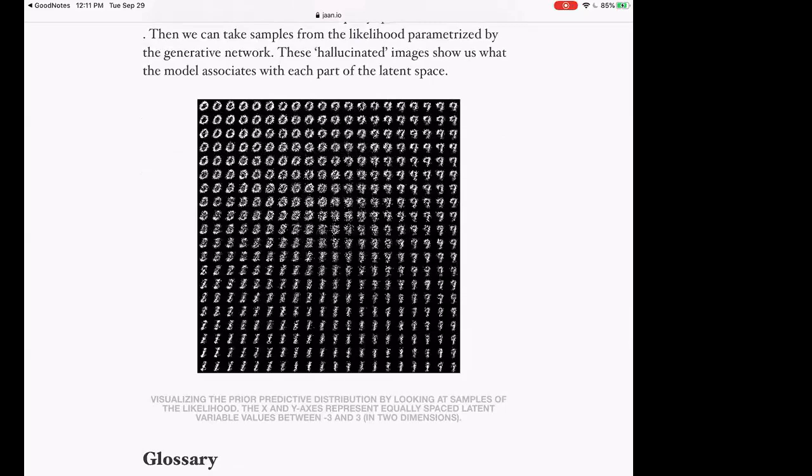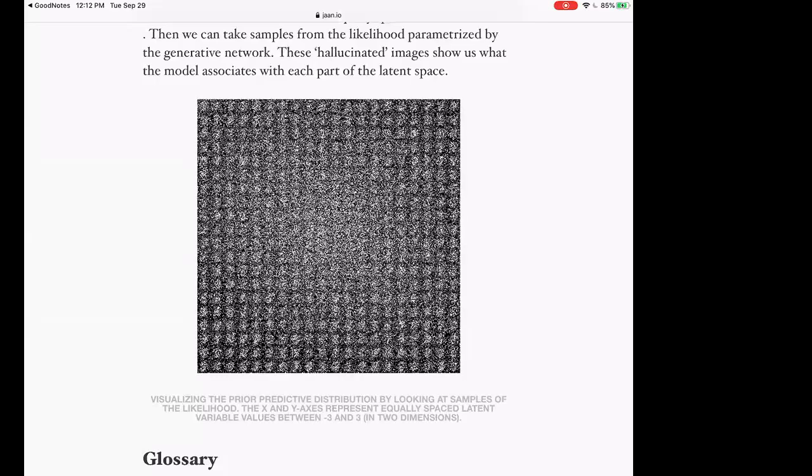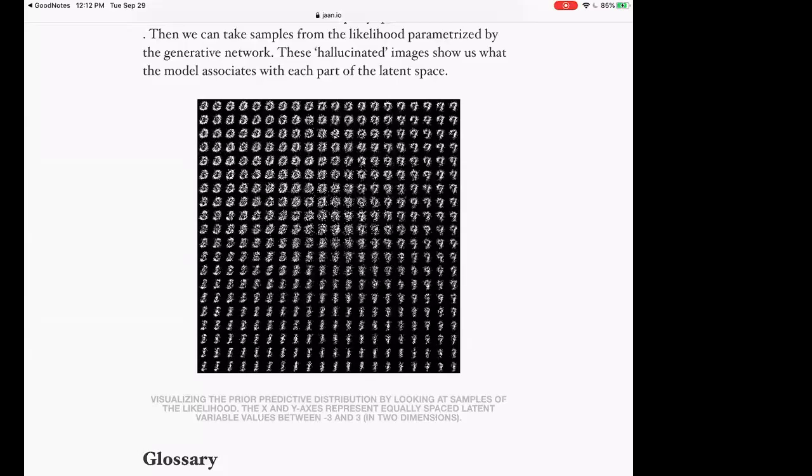It's basically a grid, starting from (-3, 3) to (3, 3), and you can see that it is learning to generate sensible images from the Z space, and they look pretty nice. They're interpolated examples, like a line between -3 and +3.